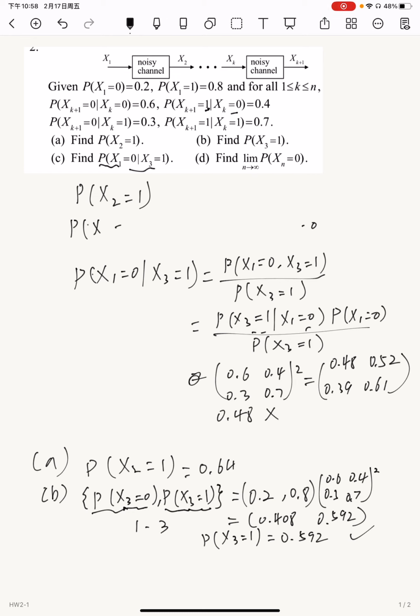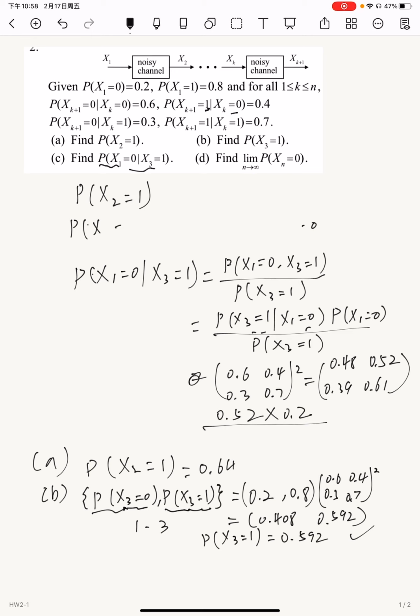multiply the probability that x1 is 0, which is 0.2. Oh no, P(1|0) is 0.52. Multiply 0.2 and divide by the probability of x3 equals 1.